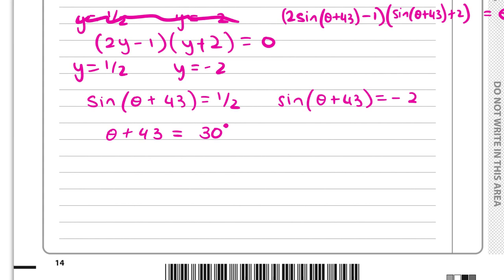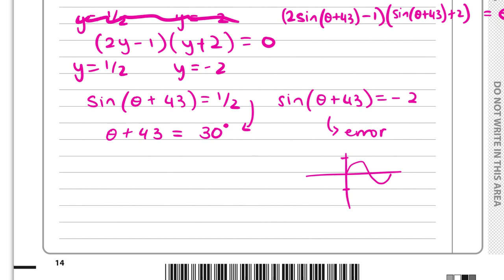Let me see what you're doing. And then when I inverse sine of minus 2, what do I get? I will get an error. Why will I get an error? Because the sine graph only goes up to 1 and minus 1. Wait, wouldn't you minus 43 first? No, why would I minus 43 first?